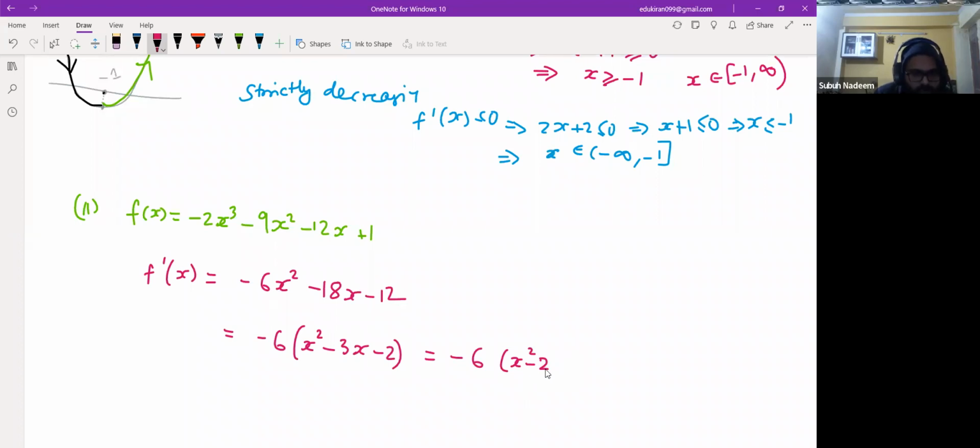Can we do the middle term splitting? We can do the middle term splitting. It is minus 6x square minus 18x minus 12. Question I have written correctly.